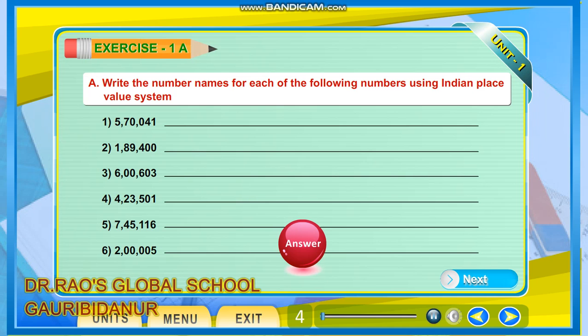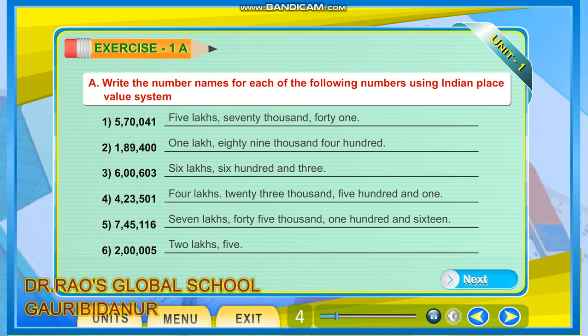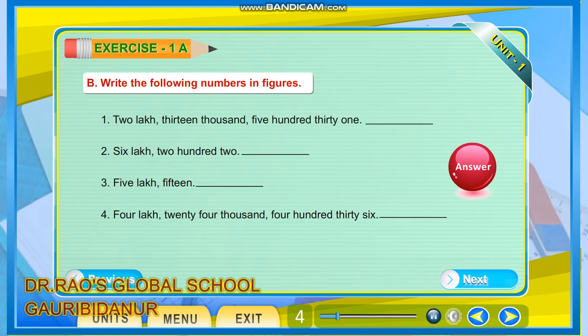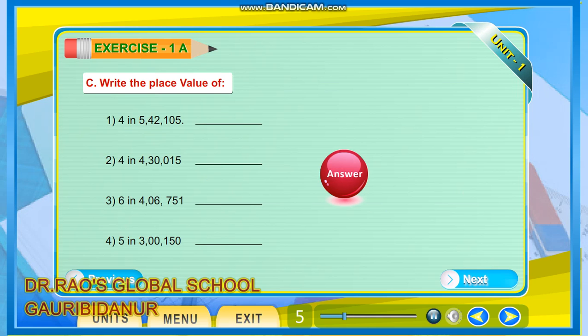Exercise 1A. A. Write the number names for each of the following numbers using the Indian place value system. B. Write the following numbers in figures. C. Write the place value of.